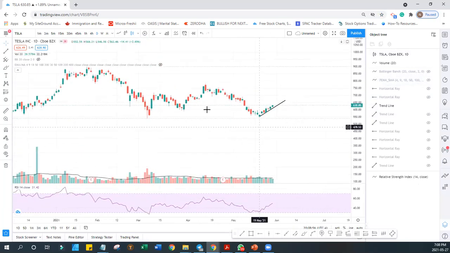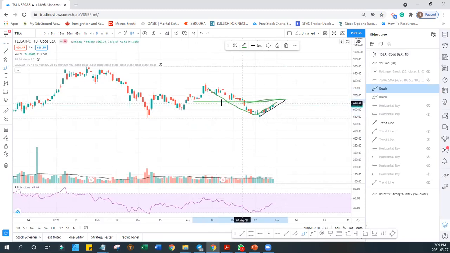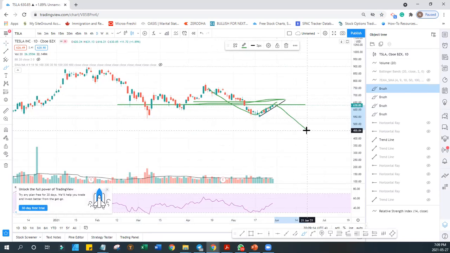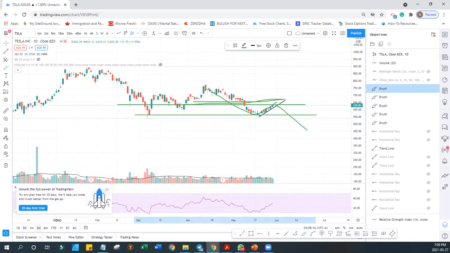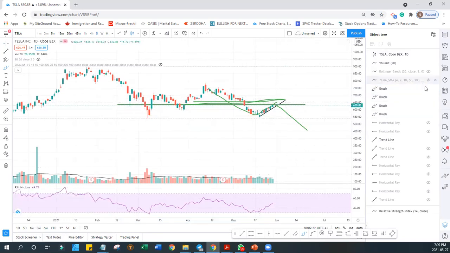Look at this nice move. Tesla is going up. Probably at this level, about 630 to 635, if it doesn't go up and starts moving downward, you will see the 550 level one more time for Tesla. It's just a matter of time.